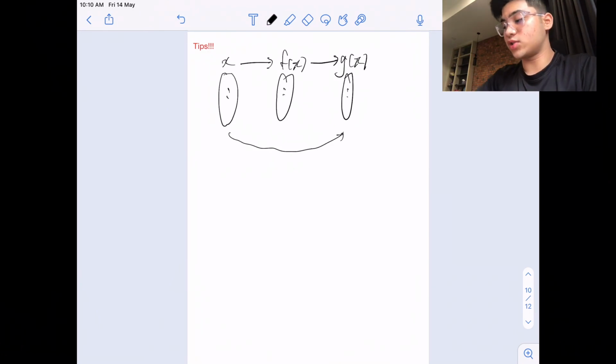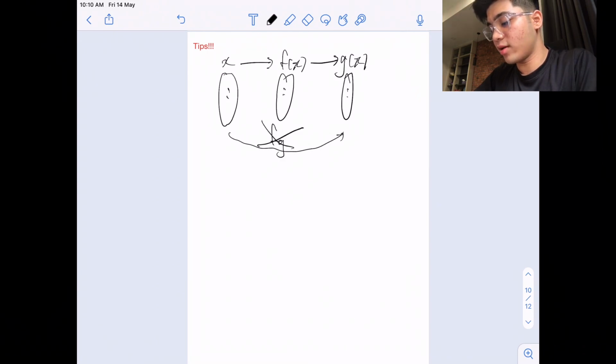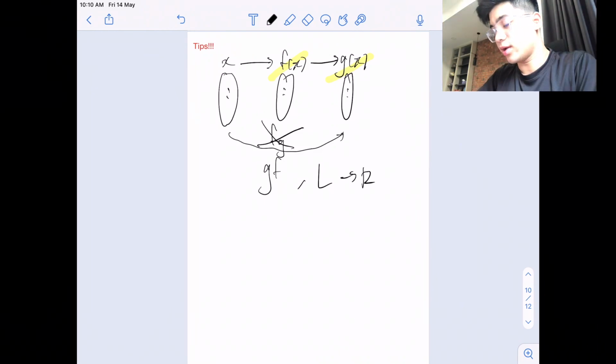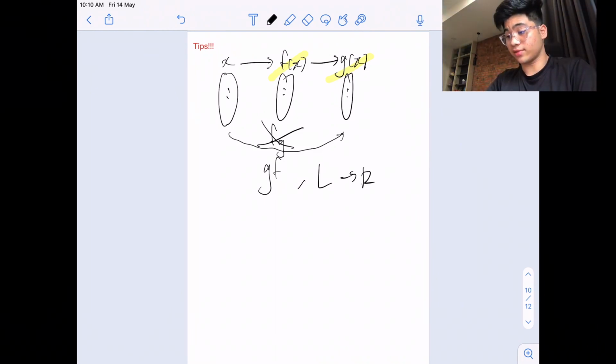You can't jump the gun and say it's fg, right? Wrong. It's supposed to be gf. The way I remember it is that I go from left to right. That's the easiest way to remember when it comes to these kinds of questions. But either way, it's the same thing as constructing your own composite functions, so it shouldn't be as complicated once you get how to find them.